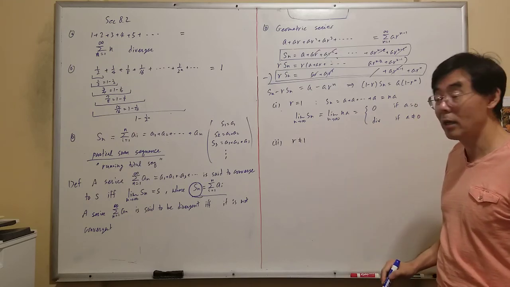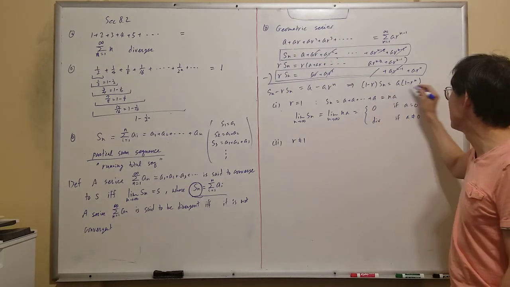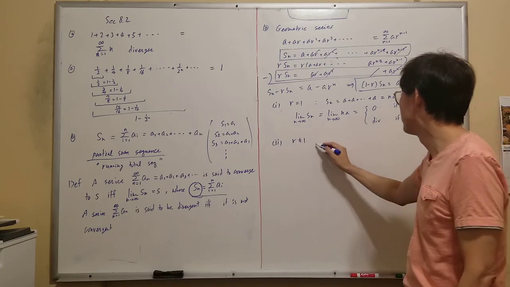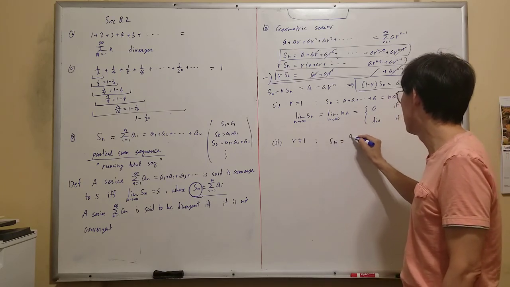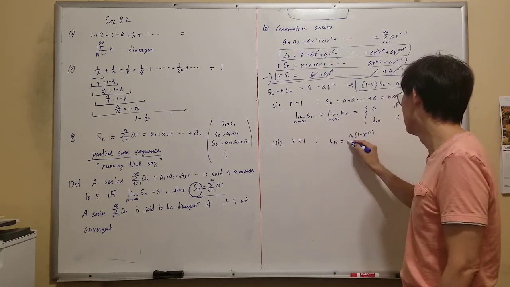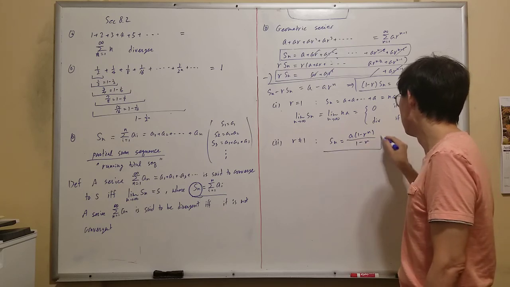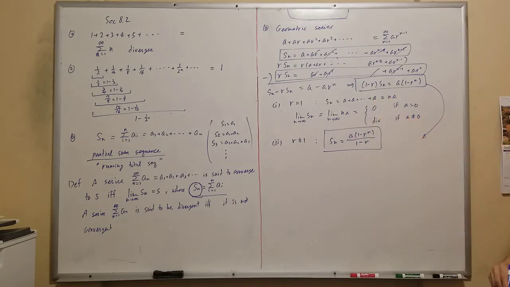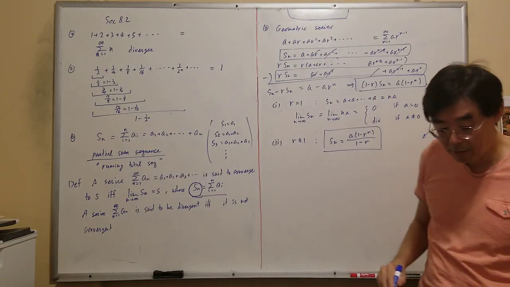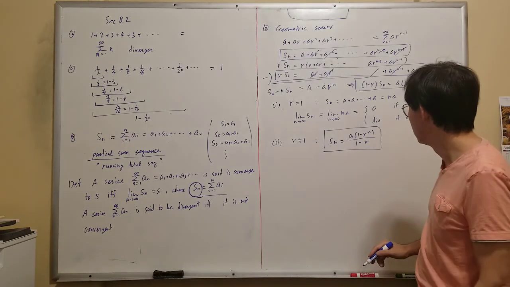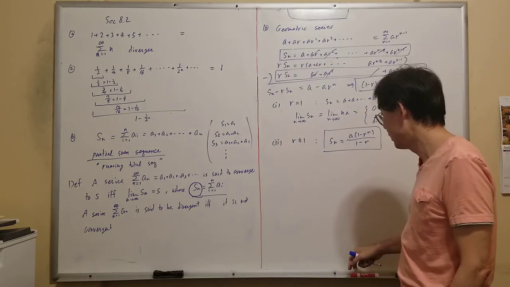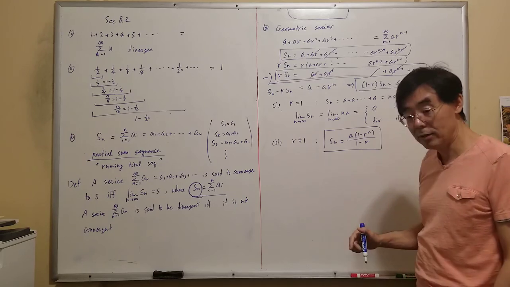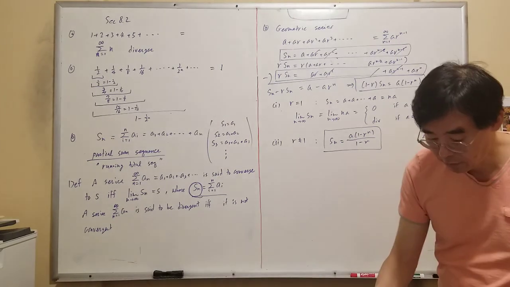A really useful one is when R is not 1. Then from here you can get Sn equals A times 1 minus R to the n over 1 minus R, because 1 minus R is no longer 0, so you can divide both sides by it. And in that case, when do you have convergence?